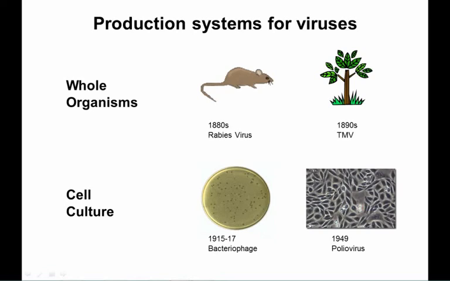So of course this was done first for viruses that infect bacteria, for bacteriophages. They were grown first in 1915. For animal viruses, of course, animal cell culture had to be invented before it was possible to study viruses in a cell culture system.